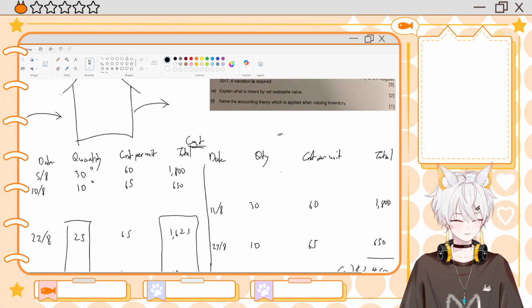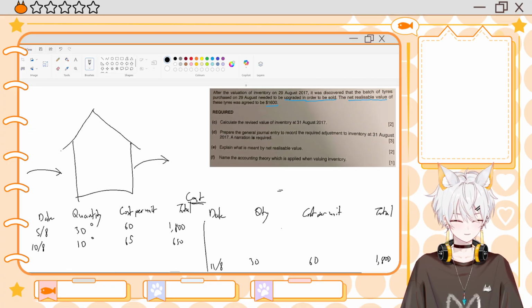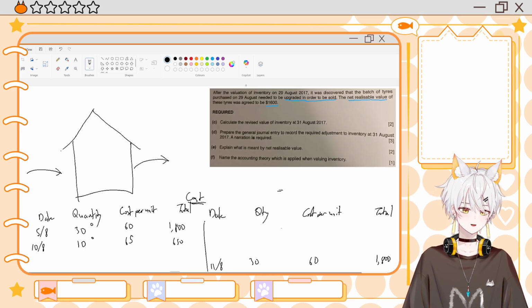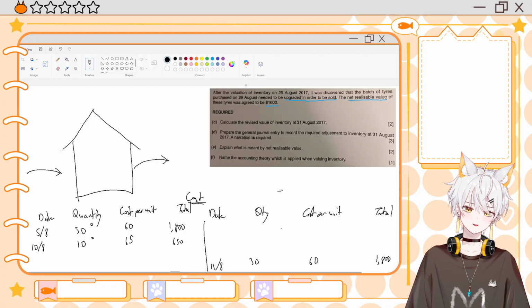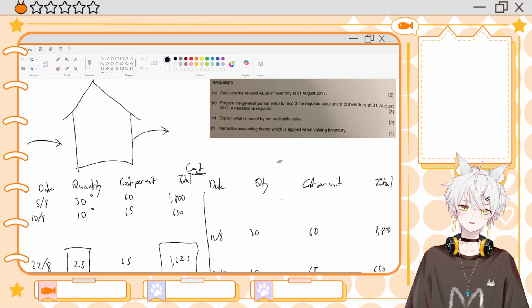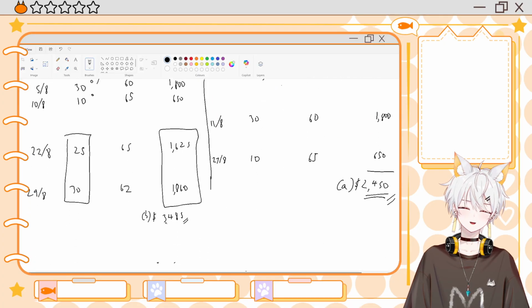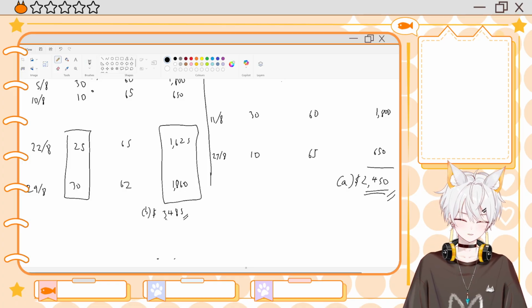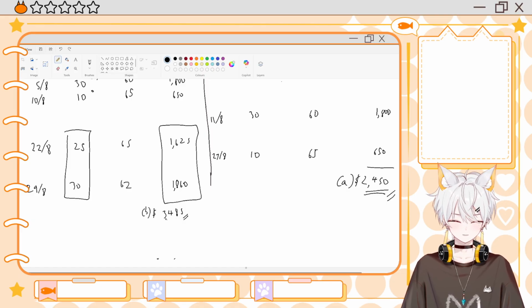Basically they're telling you that the stuff you bought on the 29th isn't worth as much anymore. And the question is nice enough to just give you the number, which is now worth 1600. So if you look at what you have, how much do you actually have from the batch that you bought on the 29th?